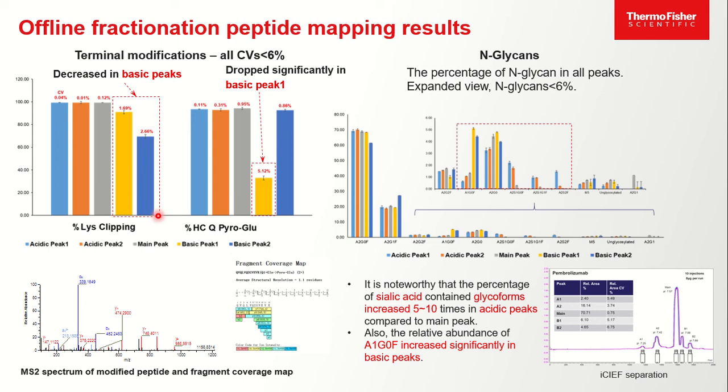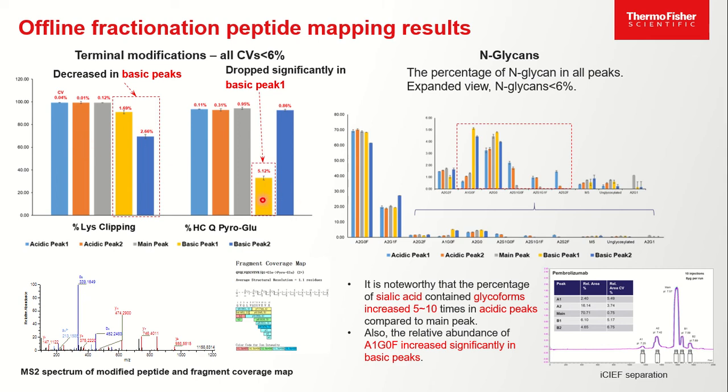On this page, the upper left figure shows the terminal modifications in all peaks. The lysine clipping percent in basic peak 2 is around 69% and 91% in basic peak 1, compared to the lysine clipping in main and acidic peaks, which is nearly complete.